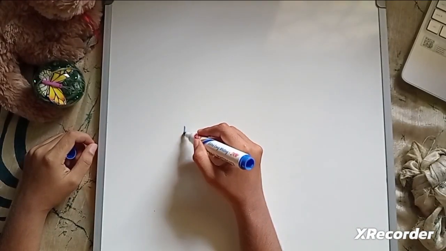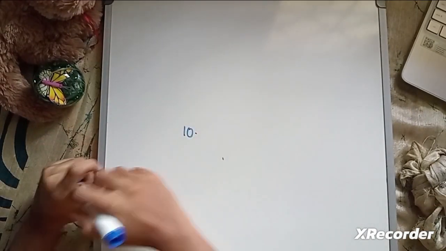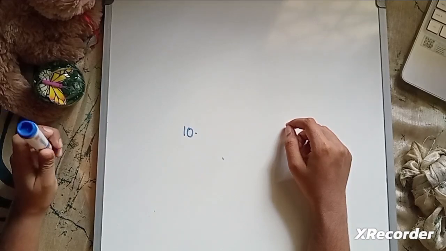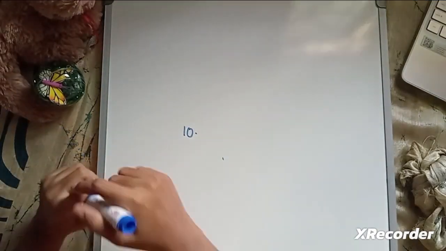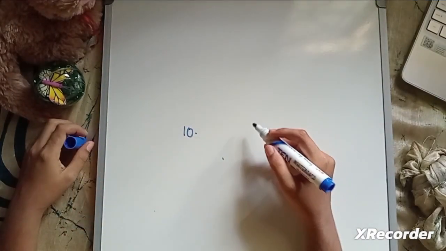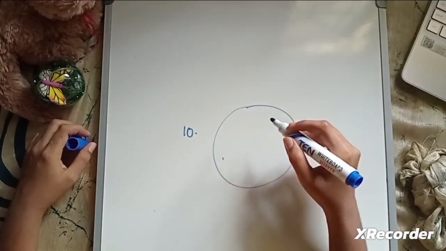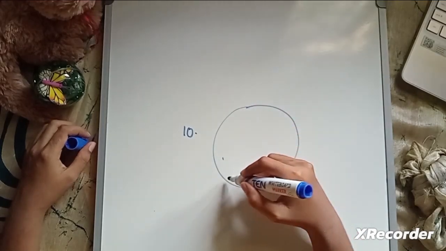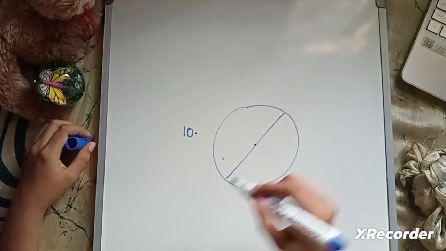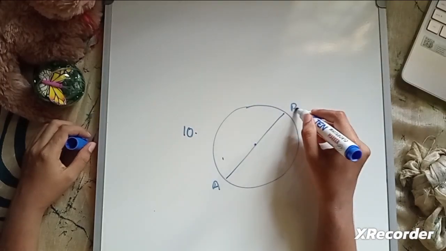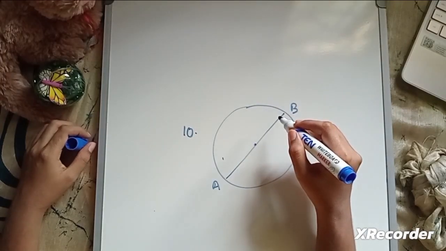Question number 10. They have given a diagram. AB is the diameter of the circle shown in the figure. So in this figure, AB is this diameter.